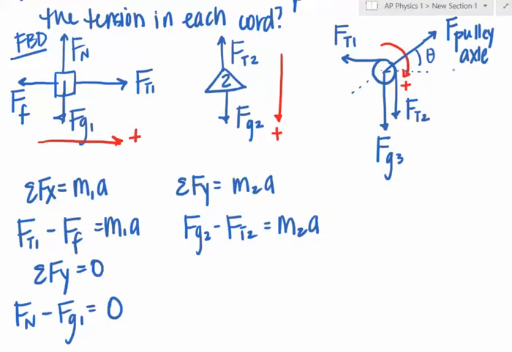I know it has to push out and up, because in order for this system to be balanced, when there's an FT to the left, there has to be something to the right. And if there are two forces, a tension 2 and a weight 3 that are down, I have to have something up to hold it up. So if I only have an axle to apply a force, it's going to have to put a force in two different directions at the same time.